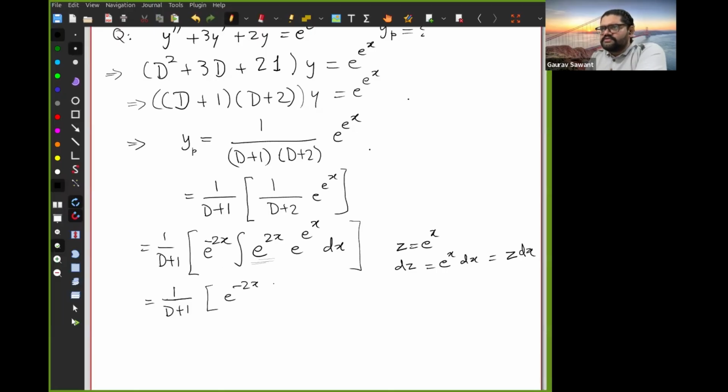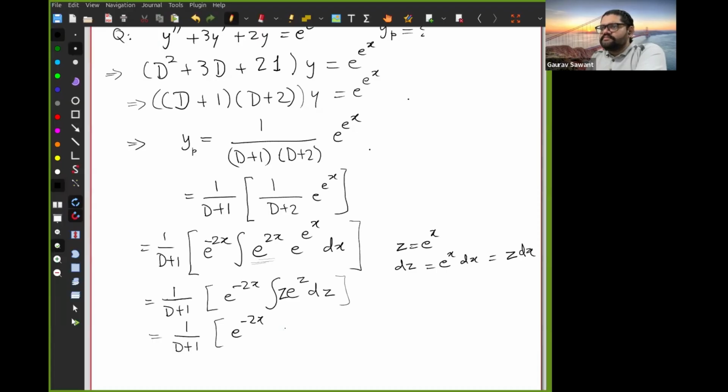E power minus 2x integral e power z dz, and this we have seen just becomes e power z minus 1 inside. So there is still a 1 over d plus 1 outside, e power minus 2x.